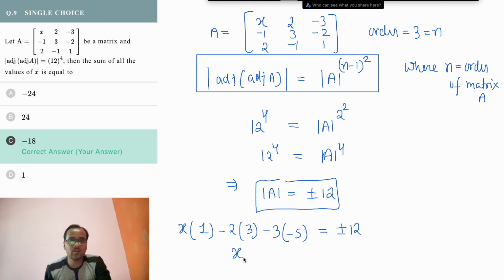That means x minus 6 plus 15 should be equal to plus minus 12. That means x plus 9 should be equal to plus minus 12.